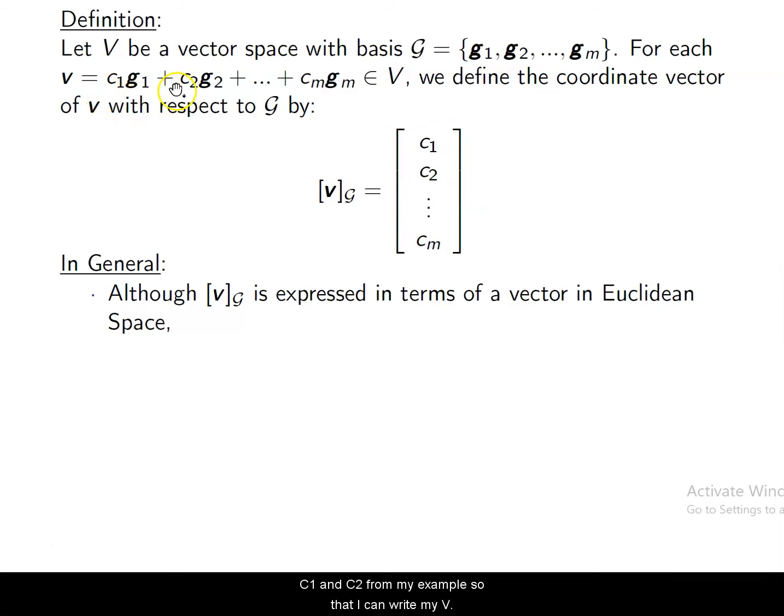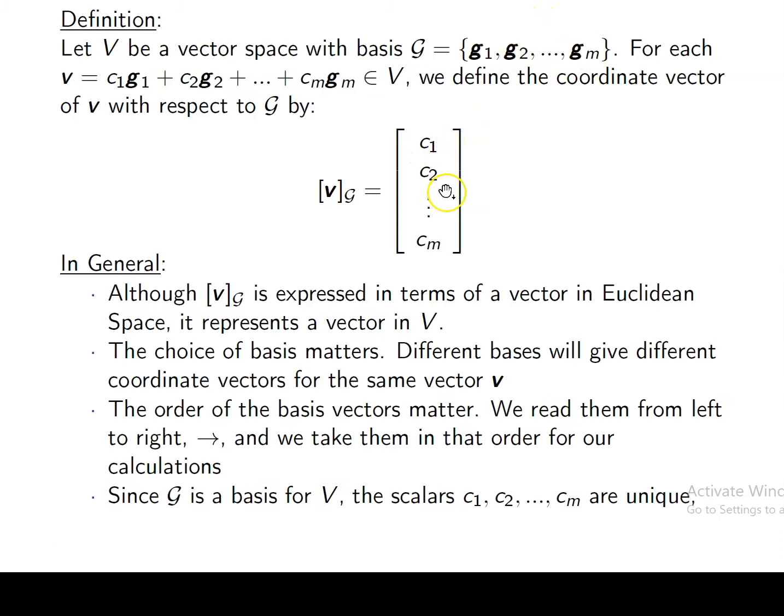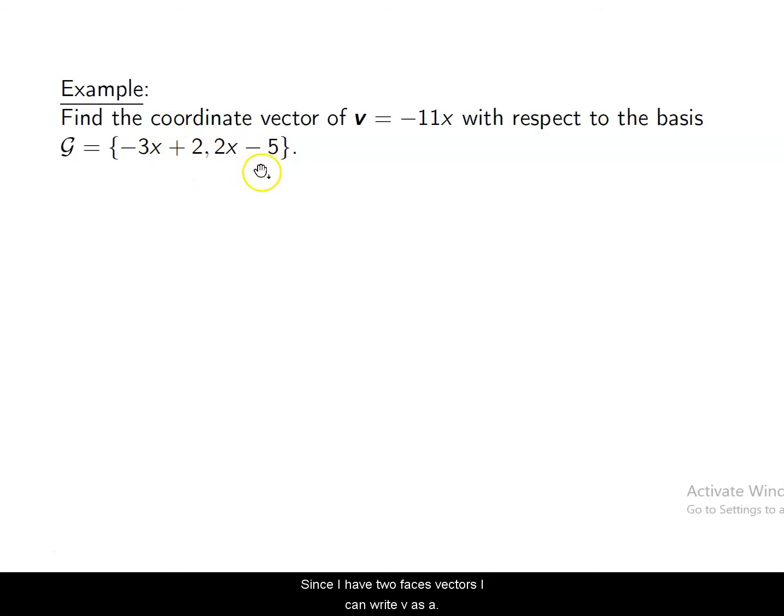I'm trying to find the coordinate vector, so I really just need the c1 and c2 for my example, so that I can write my v under the representation given. Since I have two basis vectors, I can write v as a 2-element vector, a standard R2 vector. So I need to write negative 11x as a linear combination of these two, which is easy.